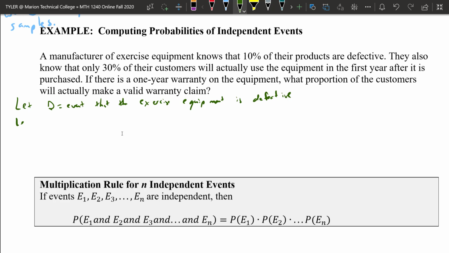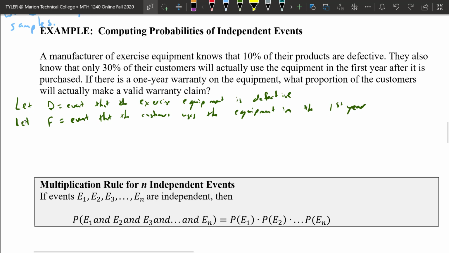And maybe let F equal the event that the customer uses the equipment in the first year after it's purchased.